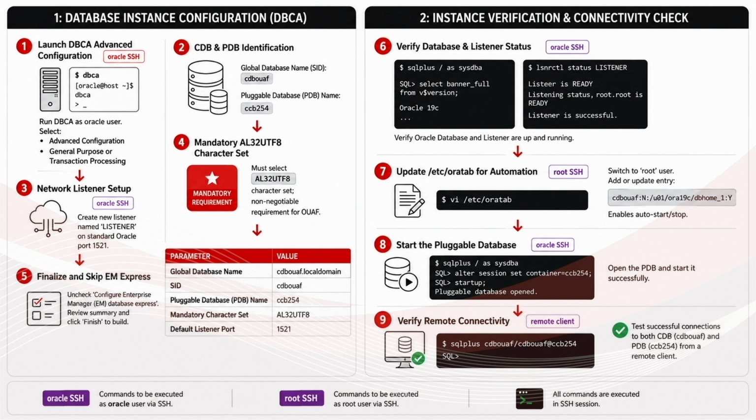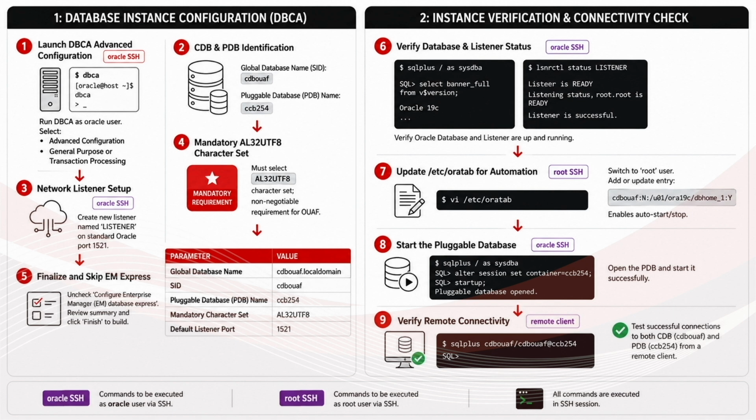After that, we will switch back to the Oracle user session, connect to the Pluggable Database and start it. Finally, using SQL Developer from a remote client, we will test connectivity to the container and the Pluggable Database one by one.